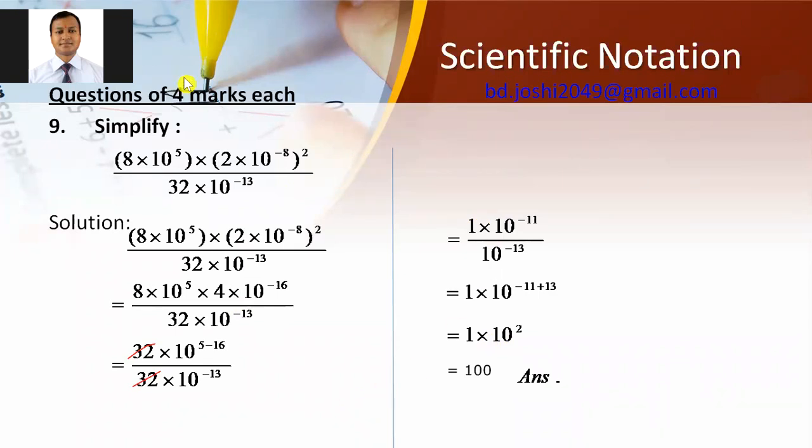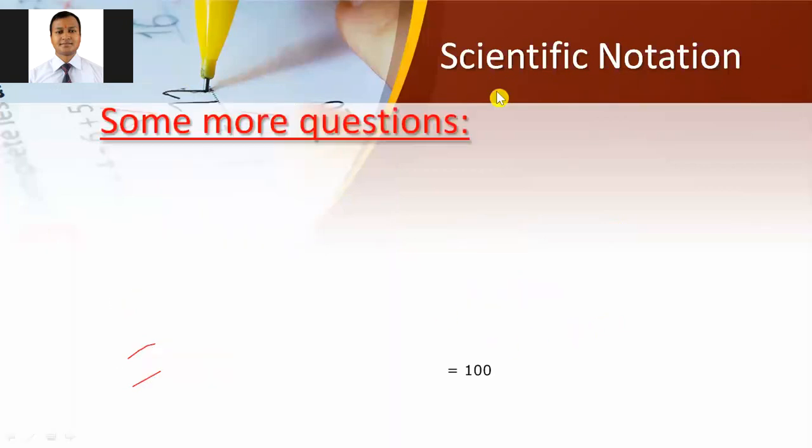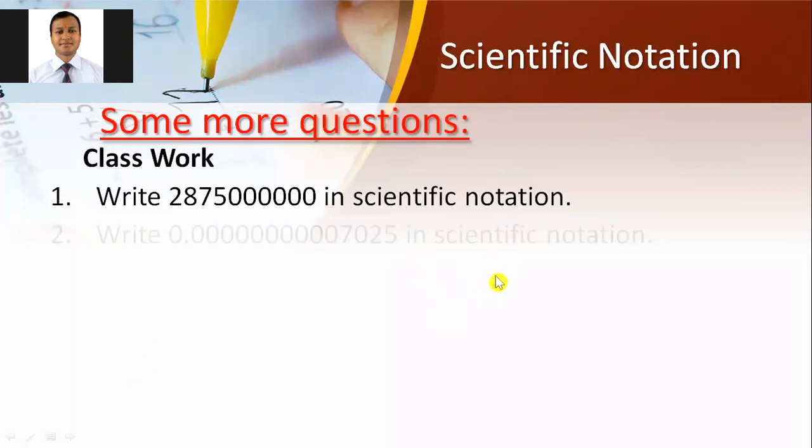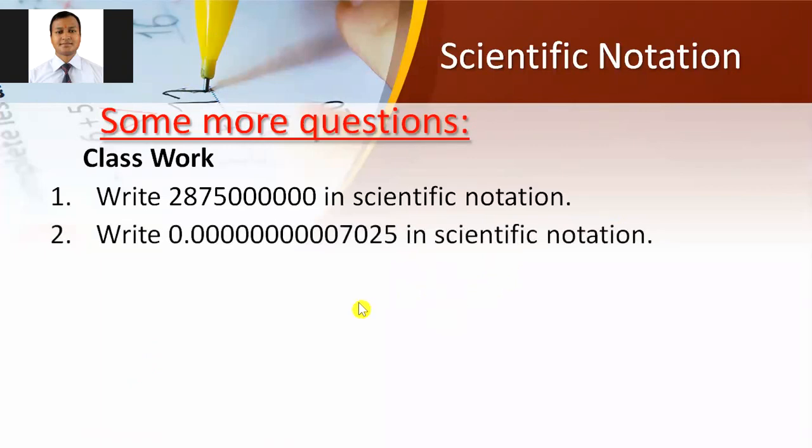Yes, sir. Now this much type of questions are here in chapter of scientific notation. I'm going to give some questions to you. Those you can do here. Just do these questions and send answer to me in chat now. Or not possible to write in power in chat. So you may show by opening your camera.